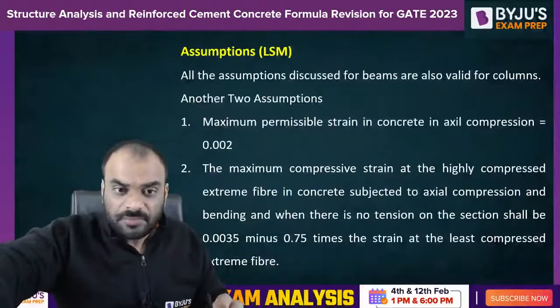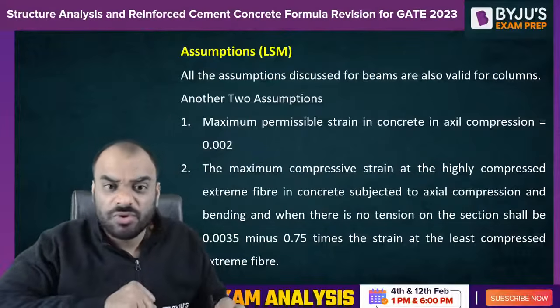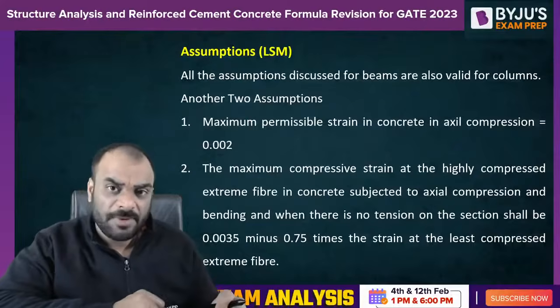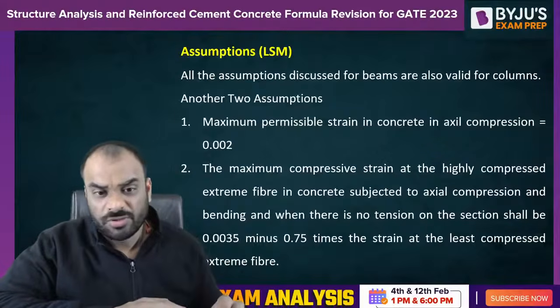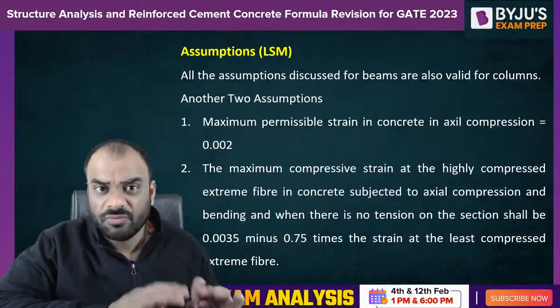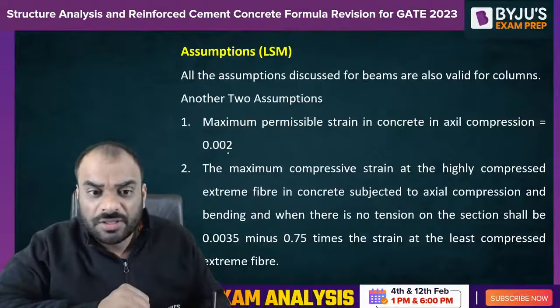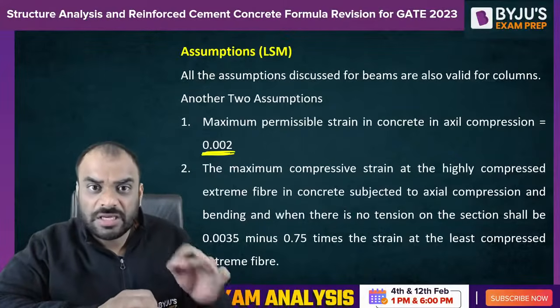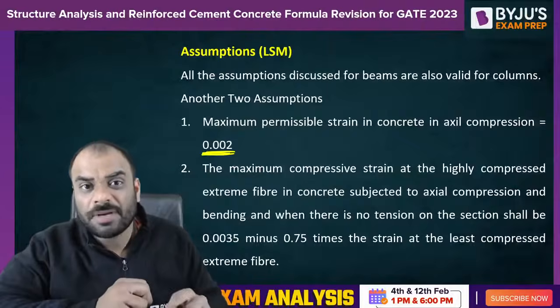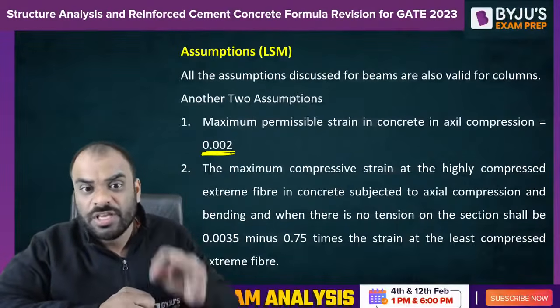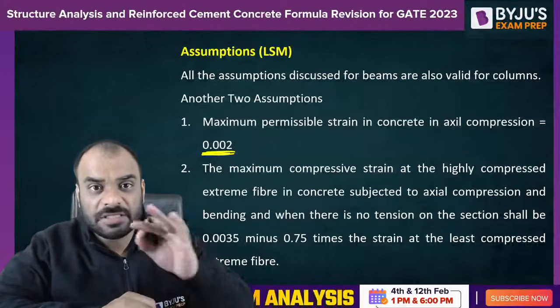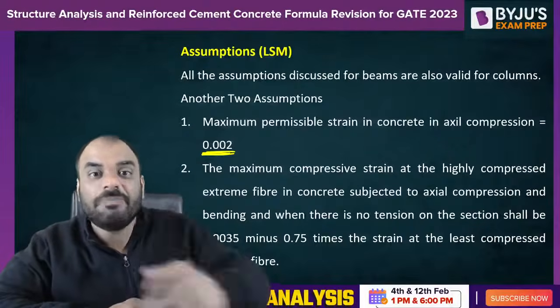Okay. Next, as per the IS code, we have certain assumptions which are also applicable in the case of columns. You need to remember these assumptions, which are very important. One, the maximum permissible strain in the concrete in axial compression is 0.002. What is the maximum permissible strain in concrete in bending compression?